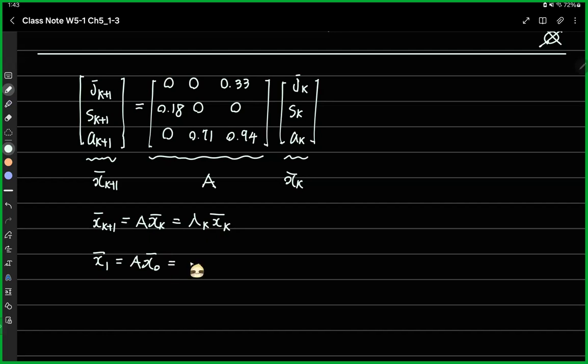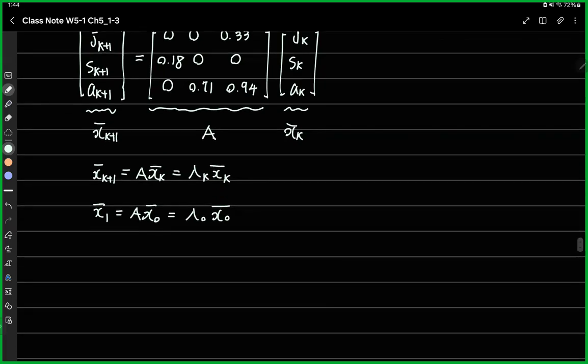This is equal to lambda 0 times x0. Then x2 is going to be A times x1. This is equal to lambda 1, right? Times x1. But before doing that, give me a second.